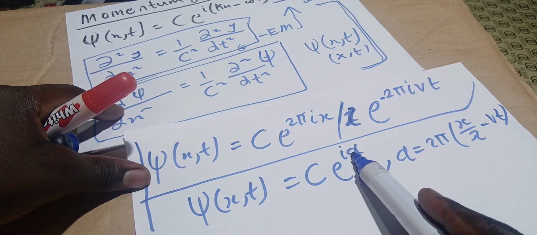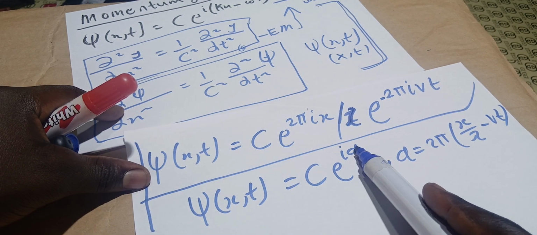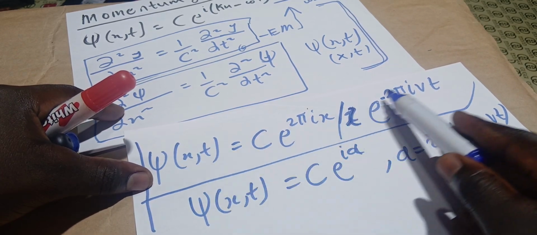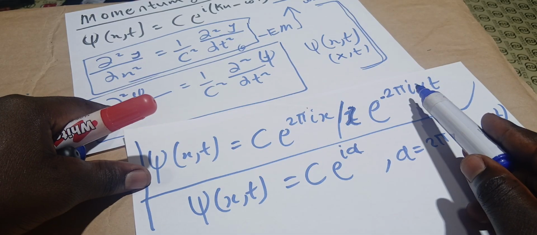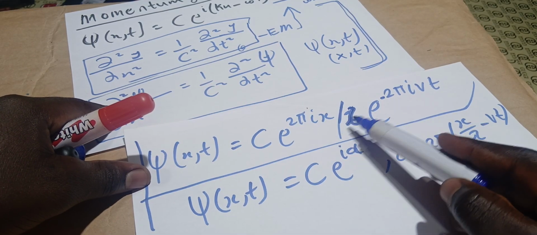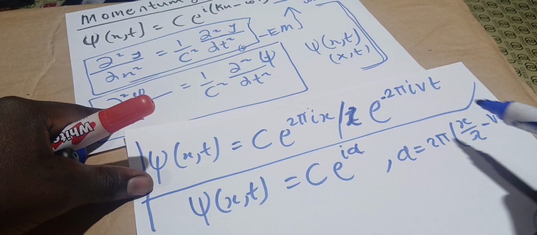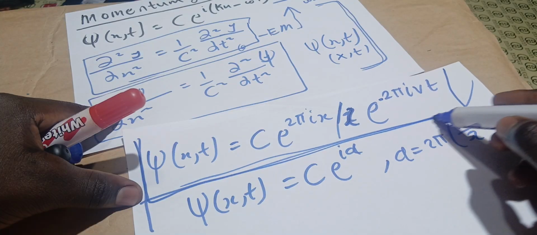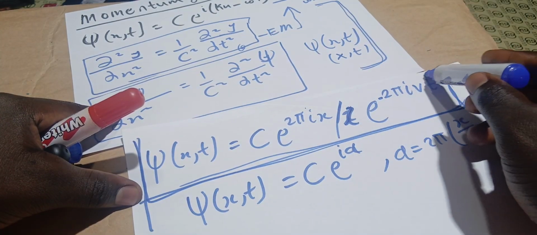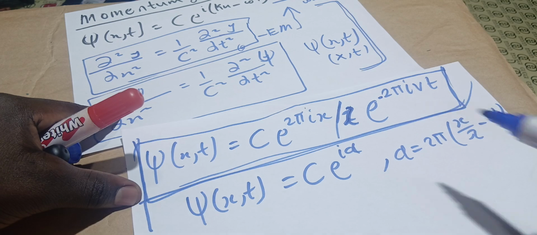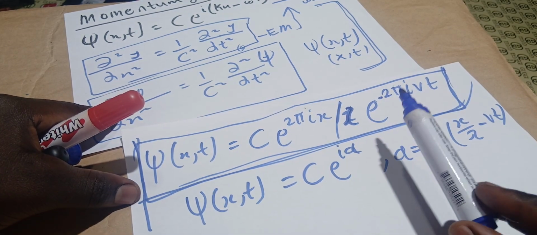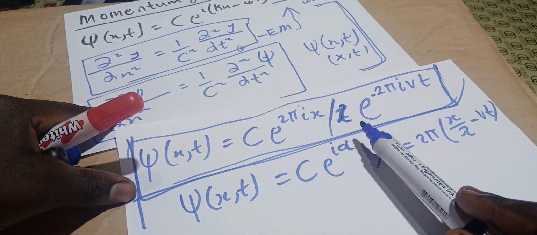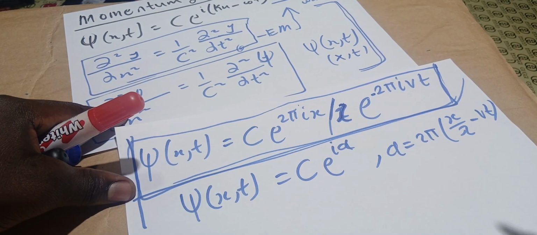So if you replace the value of alpha here by this, and you expand the exponential, this is what you are going to get. And this function is known as the wave function, right? So what you have to know is this equation, the wave function, which is from the general solution of an electromagnetic wave. You have to keep this in mind because we are actually going to get our other operators from this equation.